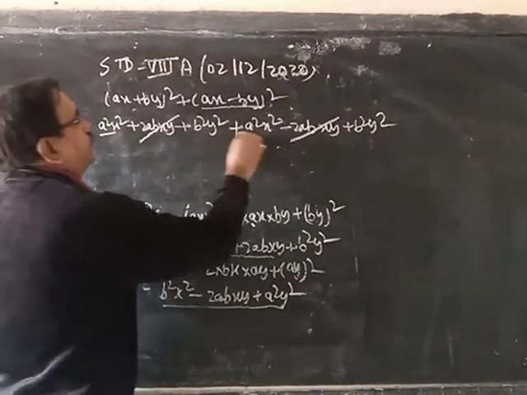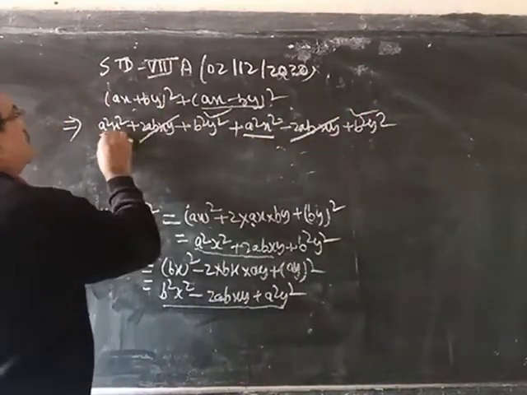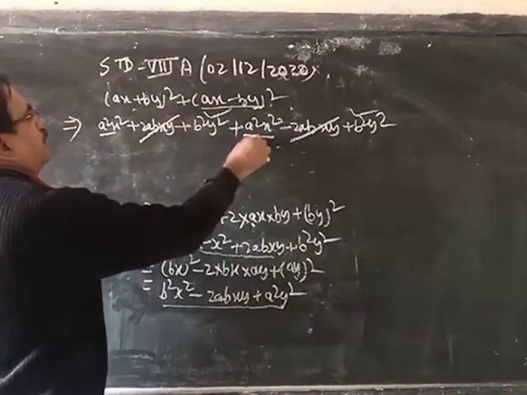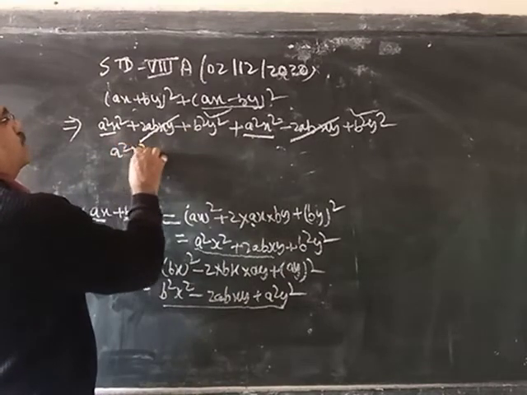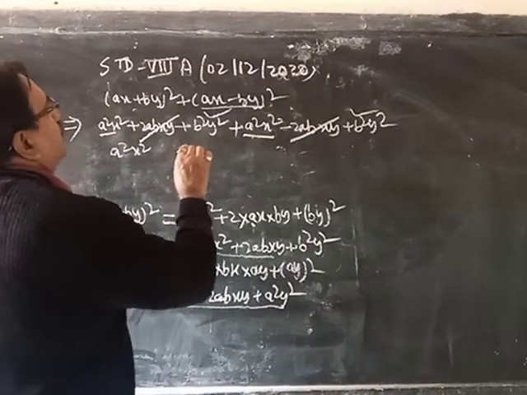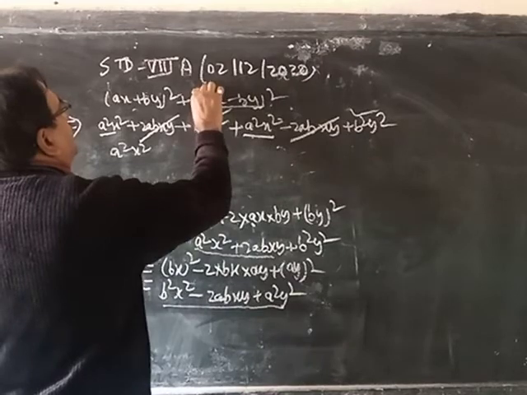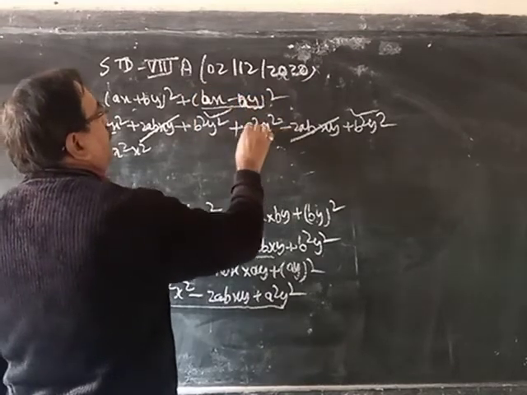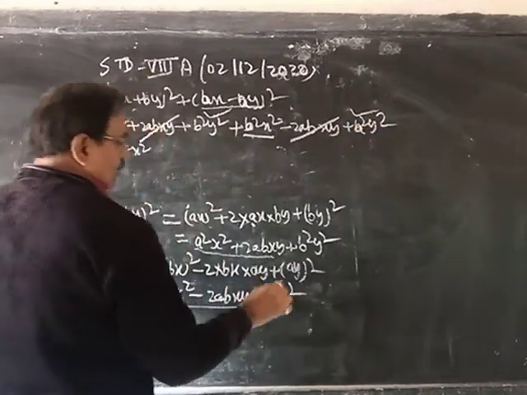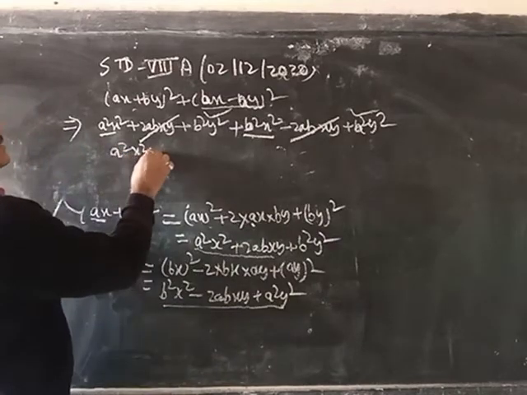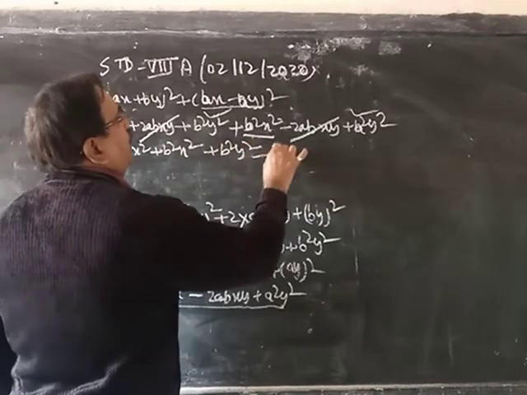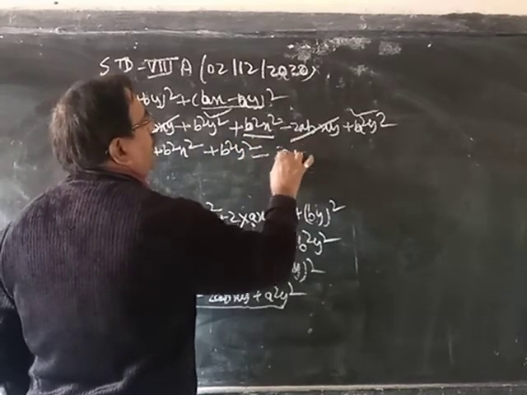Now I arrange these terms together. What is common in the first pair? a squared x squared, and b squared x squared. And the other pair, b squared y squared and a squared y squared.